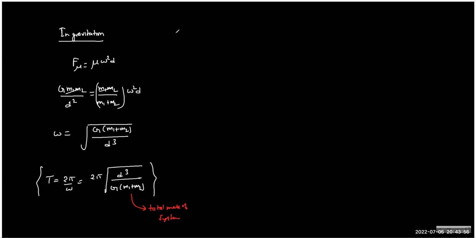So if we have a planet of mass m and 3m, or if we have planets of mass 2m and 2m, if the separation is same, the time period will also be same, right? Yes, because you can see the total mass of the system is 4m. So d is same, capital G is same, 2 pi is same.